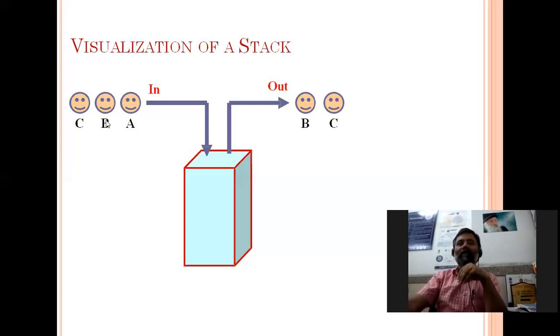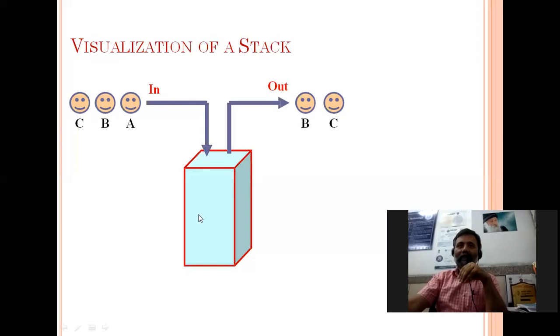You can see, for example, here we can insert A, we can insert B, we can insert C. So C will be on the top. The point where we do insertion and deletion, that is push and pop, that point we call top.